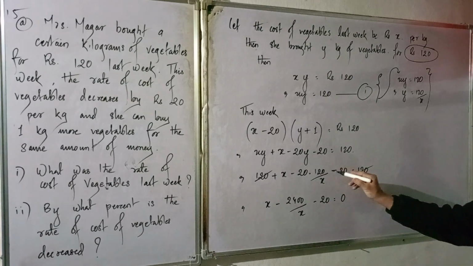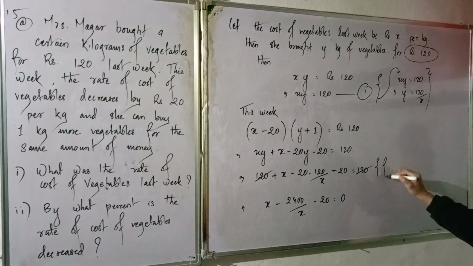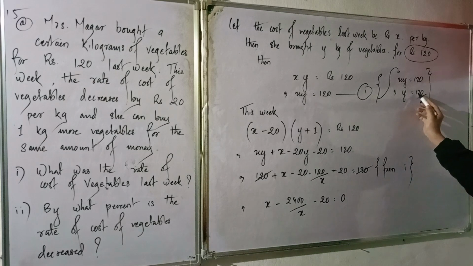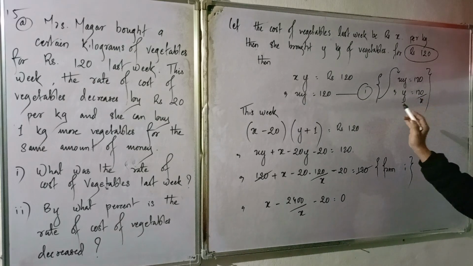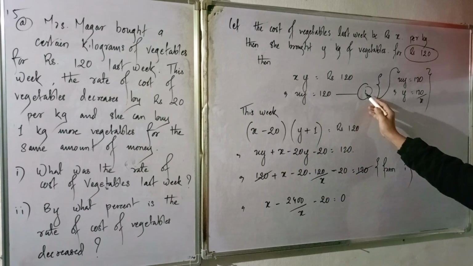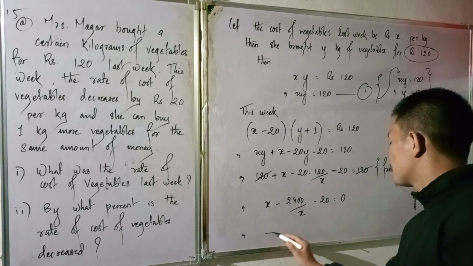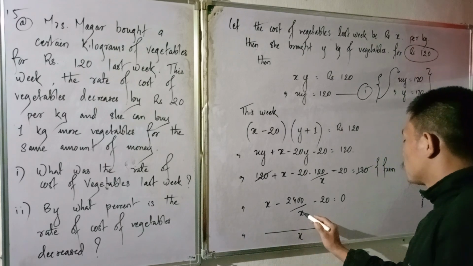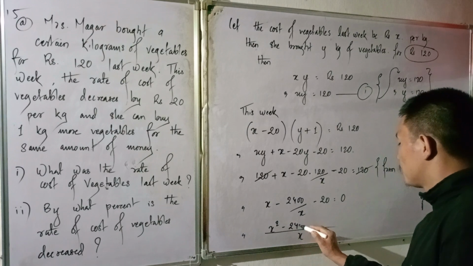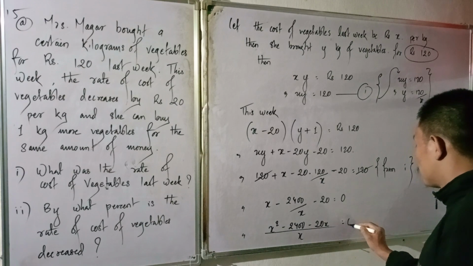The reason behind substituting this is, from I, y is equal to 120 by x, and xy equals 120, also from the same equation I. Now you simplify this, take LCM x. So this becomes x square minus 2400 minus 20x equals to 0.